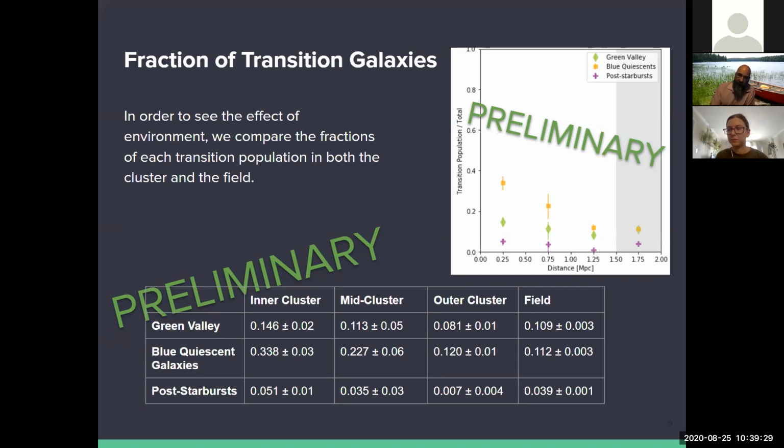And that, of course, decreases as you go towards the center. That means that the fraction of all these things relative to that parent population increases more strongly towards the center. So these are fractional relative to the whole sample? That's right.